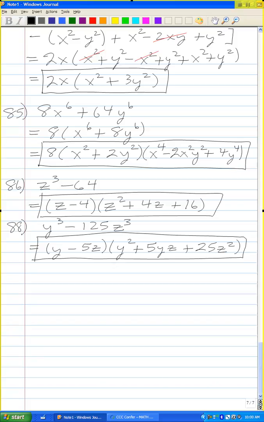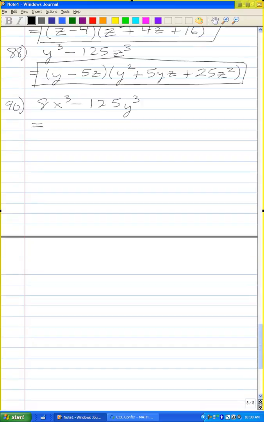Let me do problem number 90. 8x cubed minus 125y cubed. Again, it's the difference of cubes. Cube root of 8x cubed, 2x. Cube root of 125y cubed, 5y.